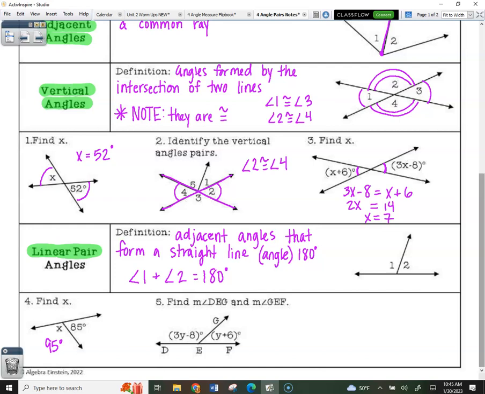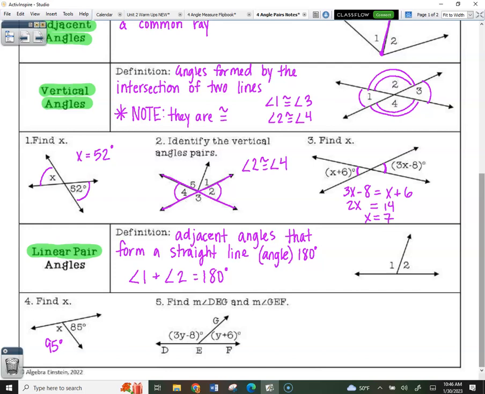All right, everybody try it. So the relationship is that those two angles are side by side.